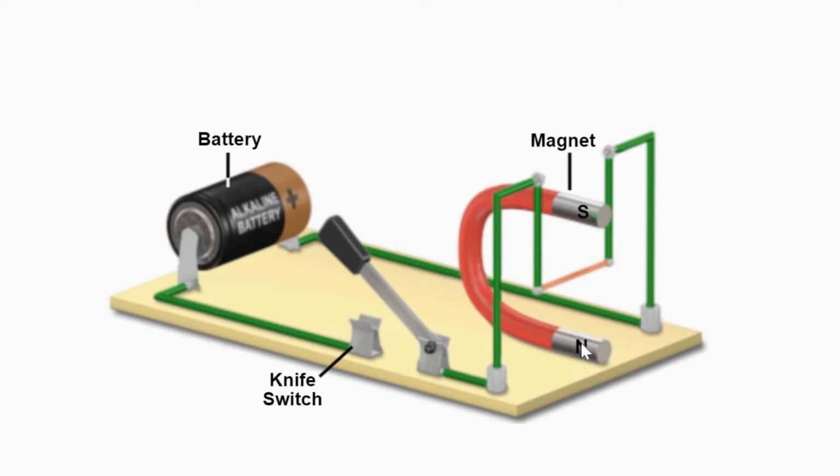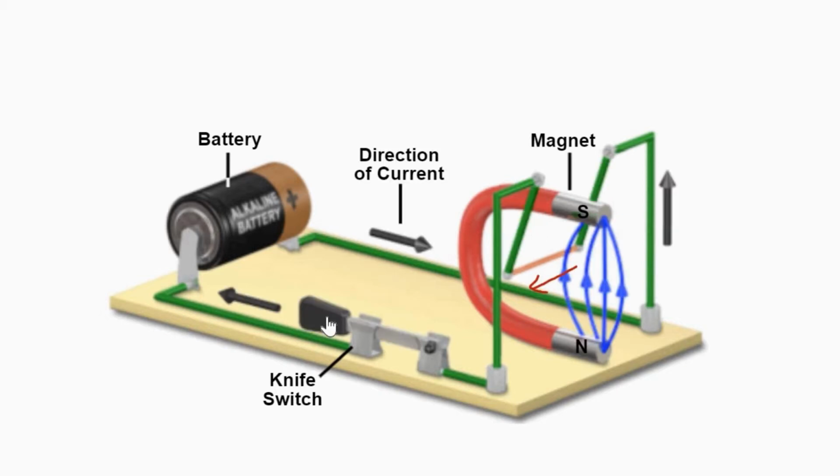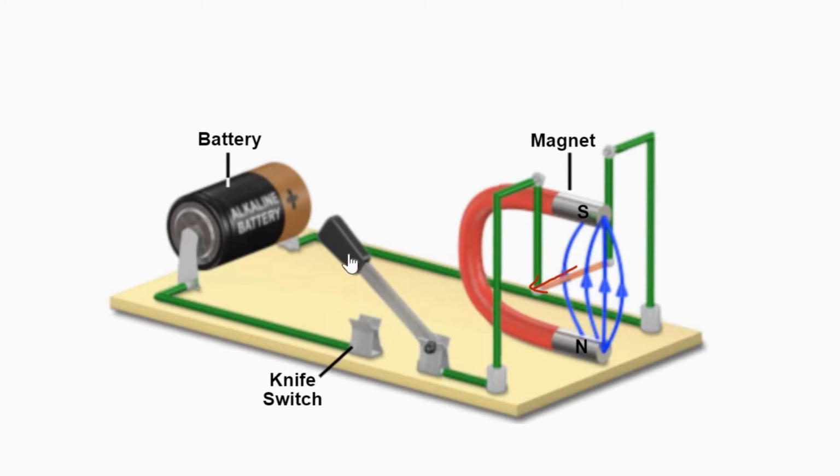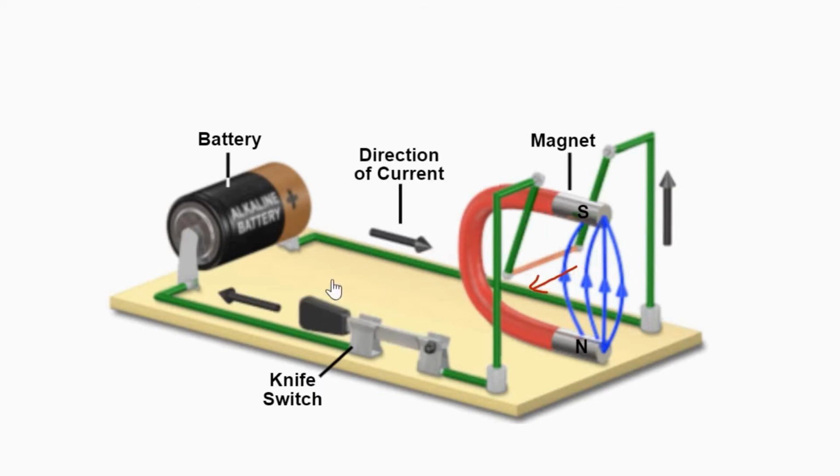When these two fields interact with each other, that is, the electricity flowing and the magnetic field, they give us mechanical energy. Let us switch on and switch off this switch again and again to find the direction in which the conductor moves. We can find that the conductor is moving into the screen, that is, it is moving away from us.